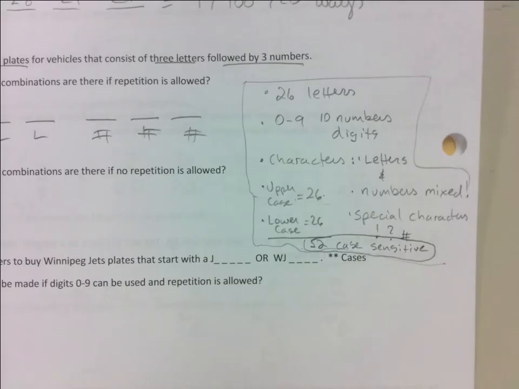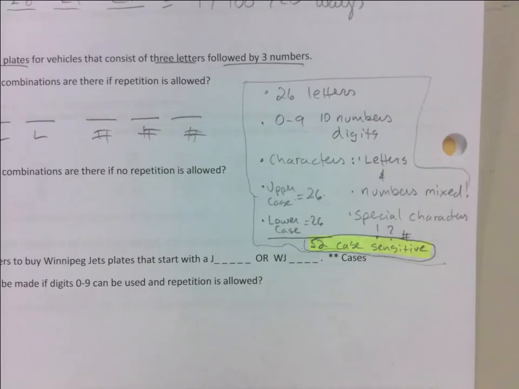Are there any special characters? Is it case sensitive? If a password is case sensitive, you immediately assume that 52 letters are available because lowercase l and capital L are two different entries for the password. Okay? So make sure you have that on your study sheet. You will come across that, guaranteed. There's not even a question that you will come across these things.